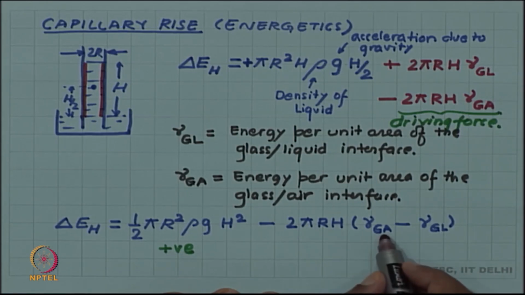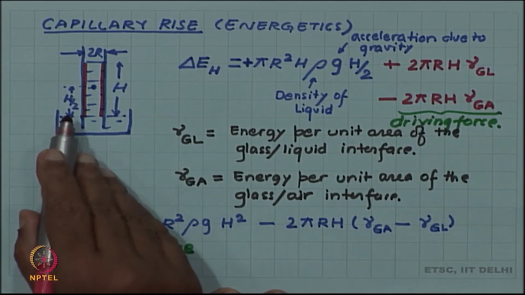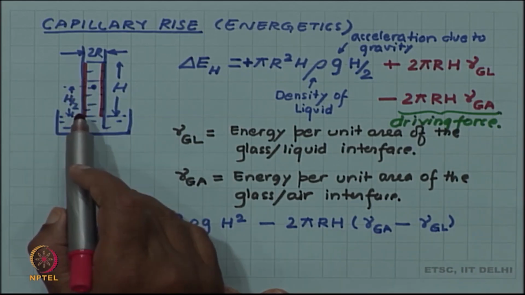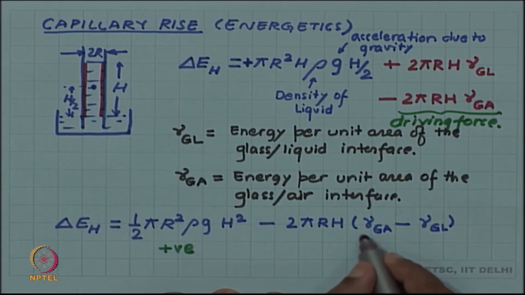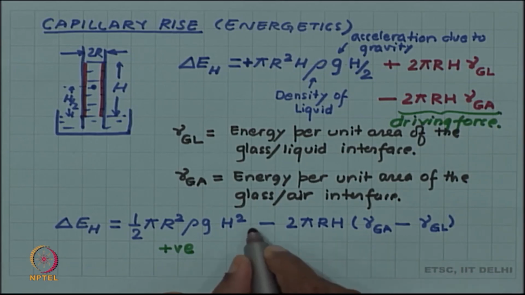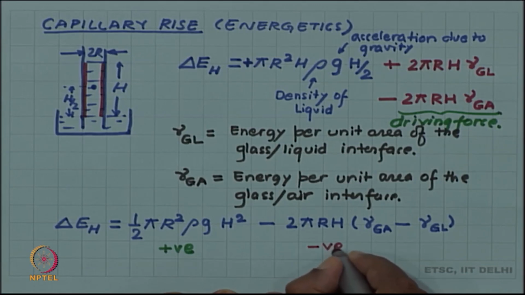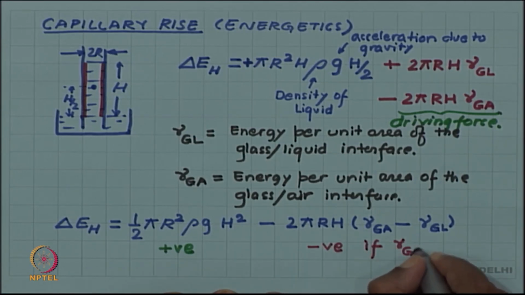If gamma GA is greater than gamma GL, so if the original glass air interface is having higher energy and is being replaced by glass liquid interface which is having lower energy, then this term will be positive and this whole term will then be negative and will be a driving force. So, negative if gamma GA is greater than gamma GL, and capillary rise will happen.